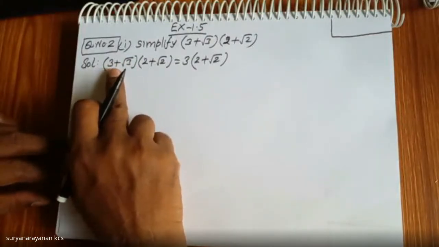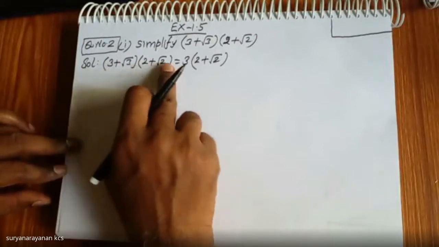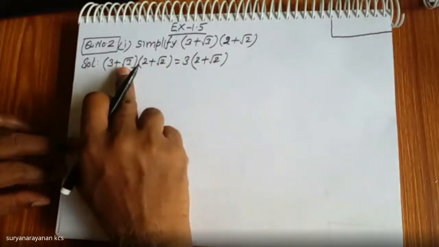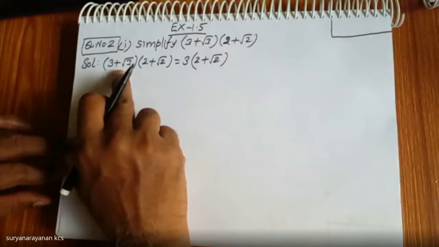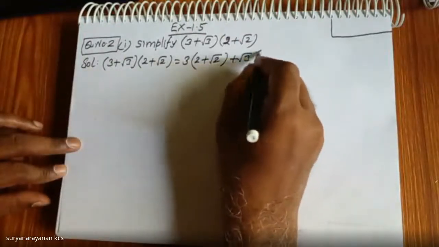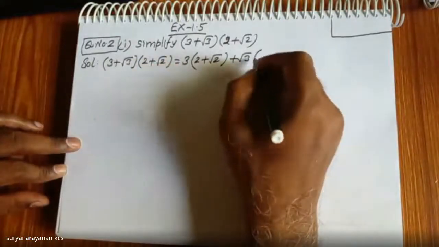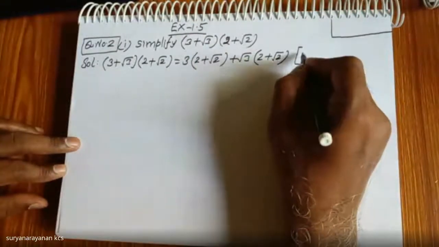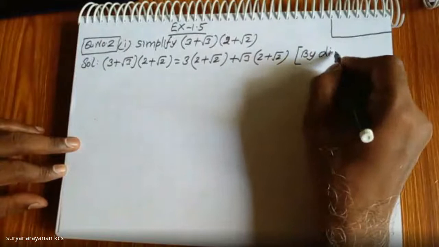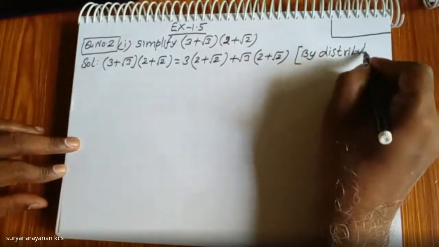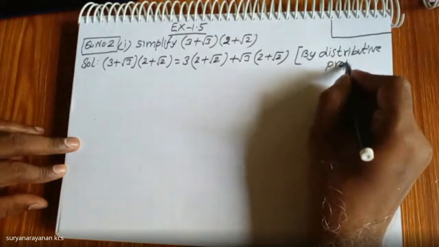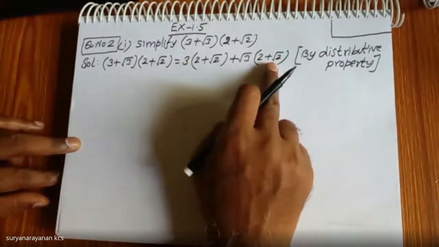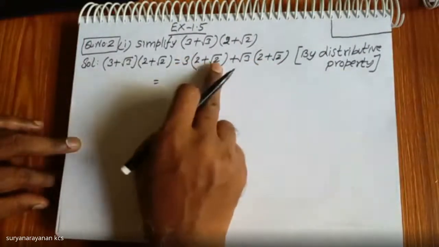After that, we take the second term of the first expression, root 3, into the second algebraic expression completely, 2 plus root 2. By using the distributive property, we wrote this step.